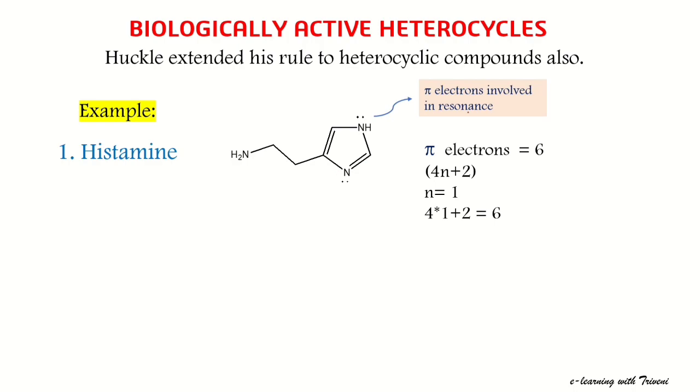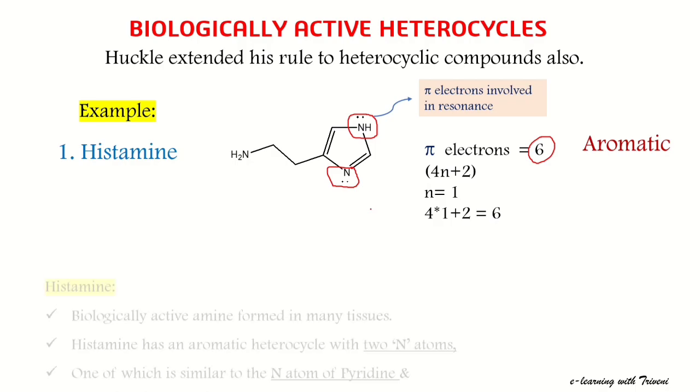So here the number of pi electrons is 6. When you apply the 4n+2 rule, we can say it is an aromatic compound. So this nitrogen behaves like pyrrole, this nitrogen behaves like pyridine.